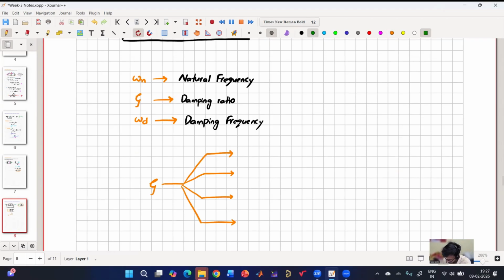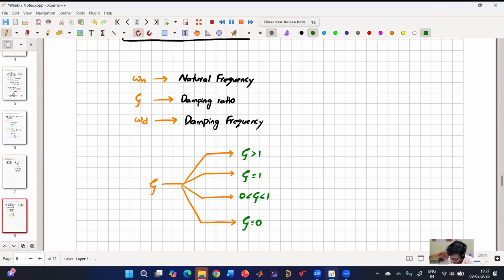The first case, zeta greater than 1. Then 0 less than zeta less than 1, then zeta equals 1, then zeta less than 1, then zeta equals 0. Depending upon the damping ratio, the system's performance can vary.